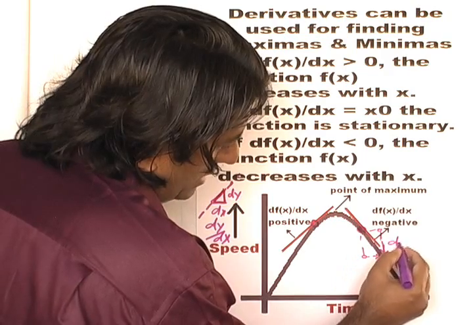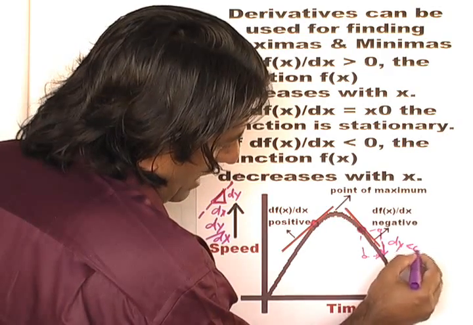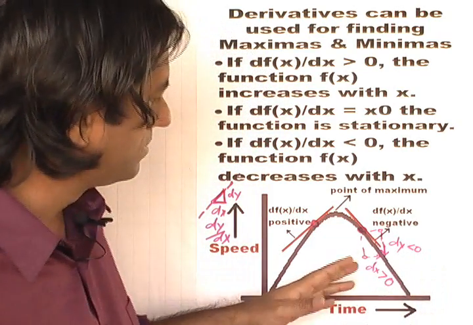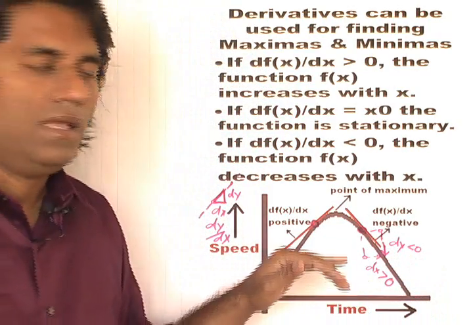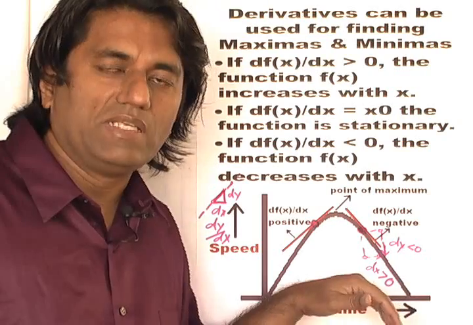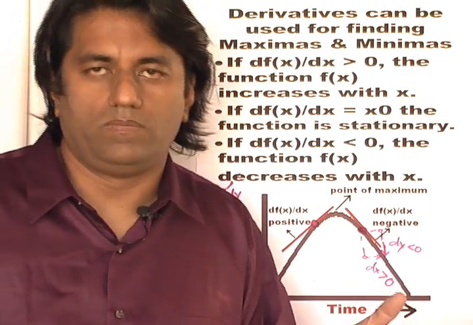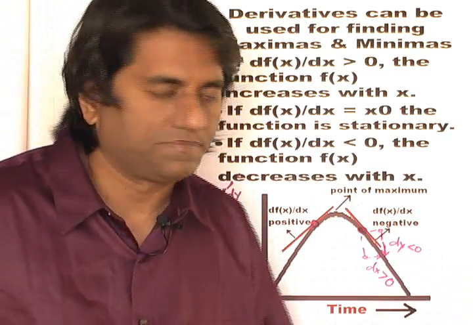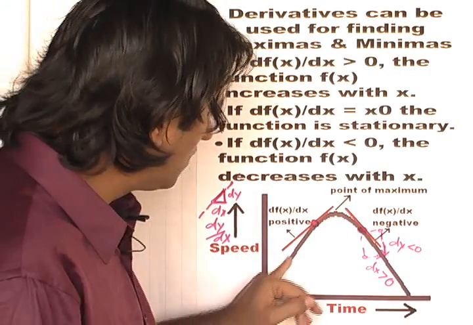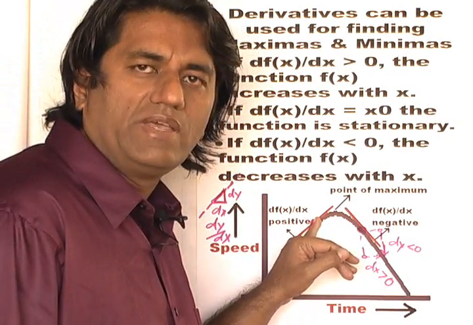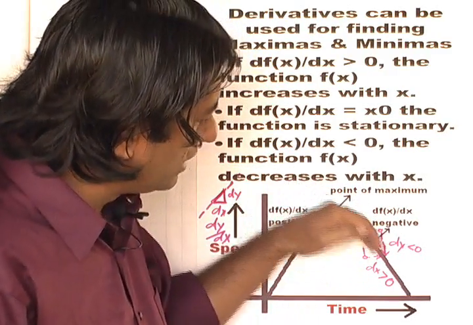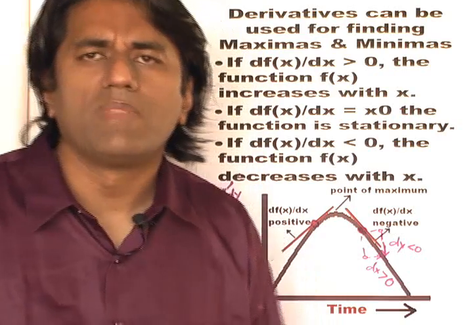So this dy is actually less than 0 when dx is greater than 0. And that means that the derivative is negative, and you can also use the word slope instead of derivative, and the slope is negative. So at this point the derivative is positive, the function is increasing with x. At this point the function is decreasing with x.